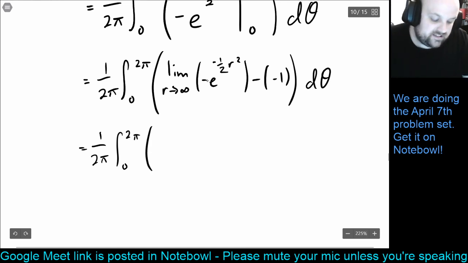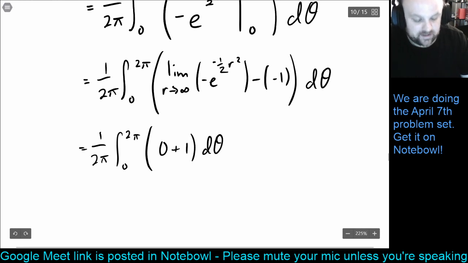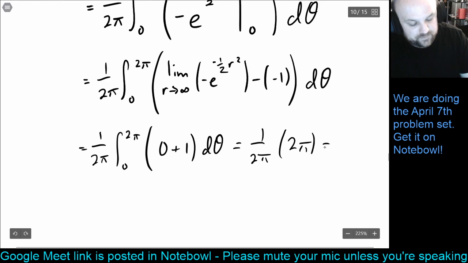Now, if you look at this limit here, we have e getting to a larger and larger negative power. So this is actually 0 plus 1. And I'll let you finish it off from here, but you're going to have 1 over 2 pi times 2 pi, which is going to be 1.